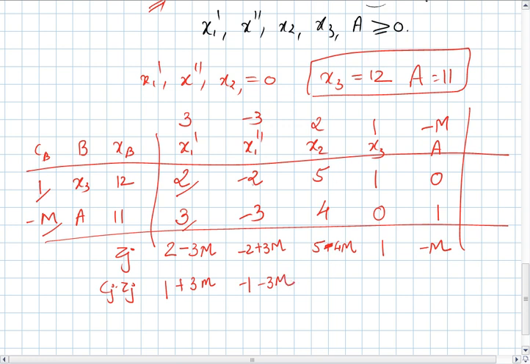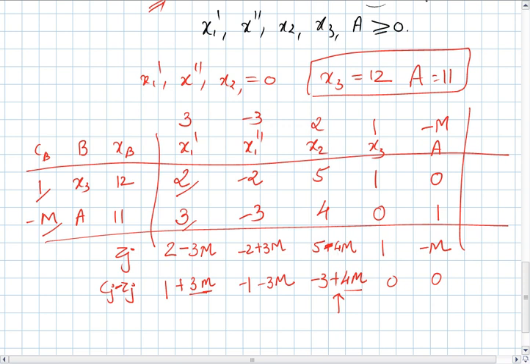Then here 2 minus 5, so -3, minus -4M, so plus 4M. 1 minus 1 is 0, and -M minus -M is 0. The maximum of Cj minus Zj is for this. See, M is very large, so 3M is also very large, but in comparison to 4M, 3M is smaller, so 4M is larger than everything. So here you get the maximum value, and x2 will enter the basis.